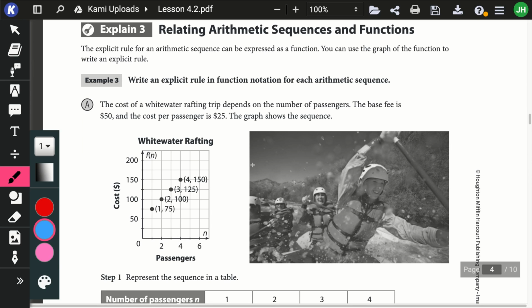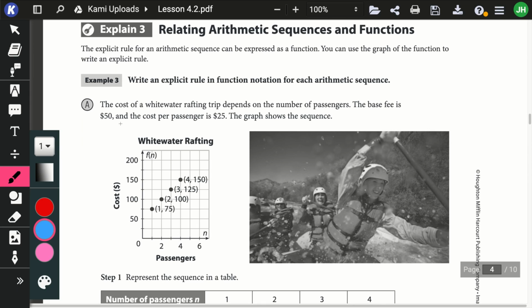Looking at a graph, you can tell if this is an arithmetic sequence if your points are in a line and they are equally spaced. In this case, that's an arithmetic sequence because the difference is always going to be the same between 1, 2, 3, and 4, right?